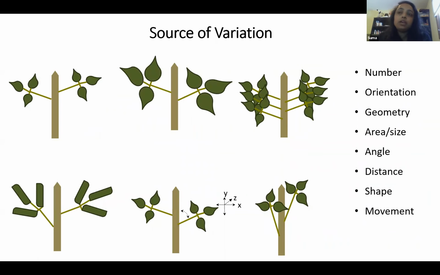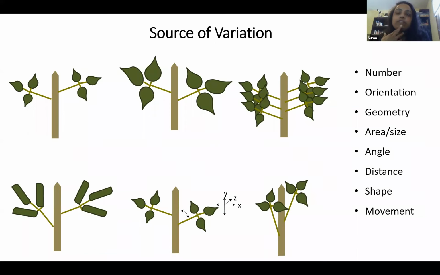So where is the variation coming from? We talked about what we want, but how do we get there? Let's say you want a plant that is V-shaped, something that will let in light from the top almost towards the bottom. But how do we accomplish that? There are a lot of things that can change the plant structure. Here I've just shown you, for the cartoon's sake, the main stem and leaves.